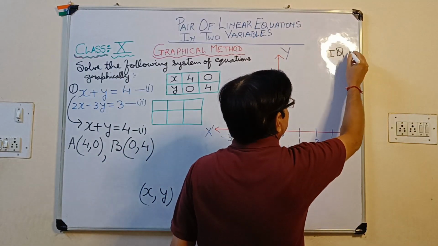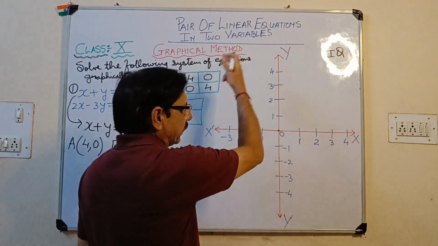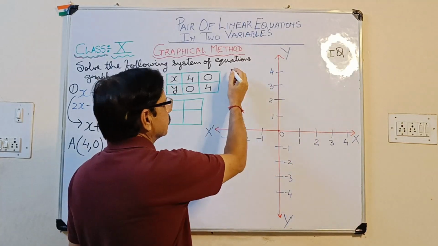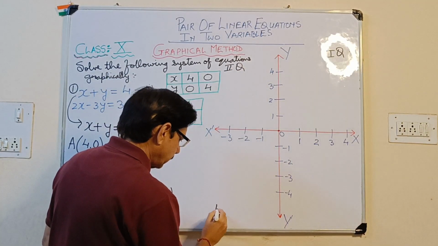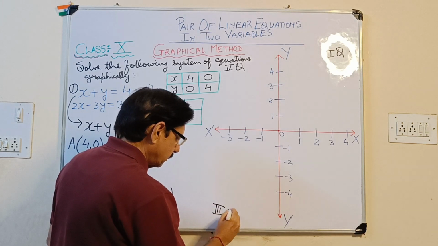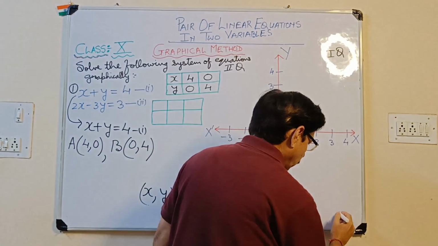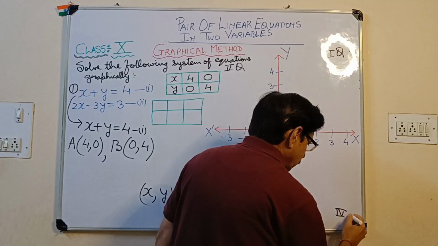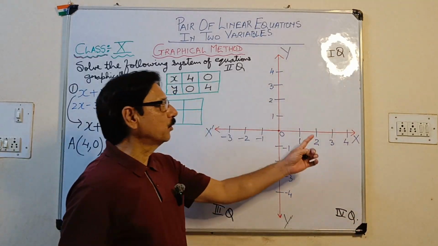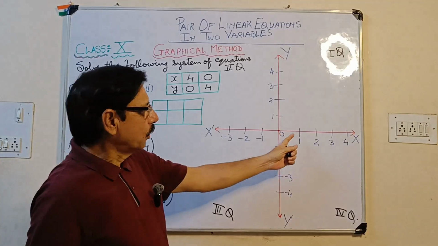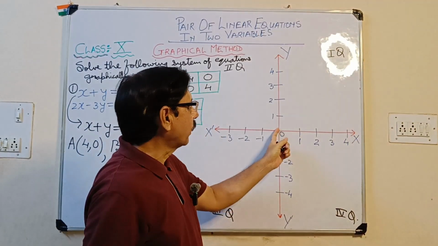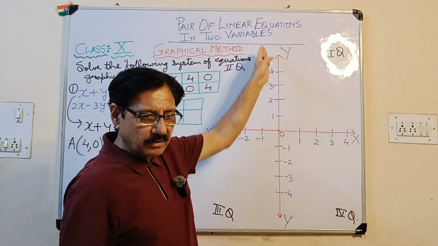This is the first quadrant. Then in anti-clockwise direction you have to move. So this is the second quadrant, this is the third quadrant, and this is the fourth quadrant. In the first quadrant, as you have done in junior classes also, x is positive and y is positive.